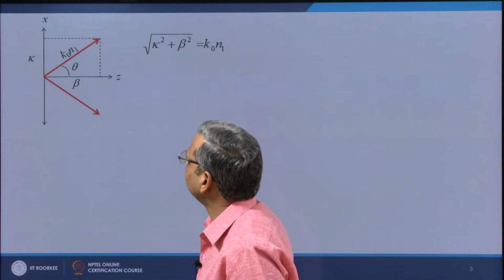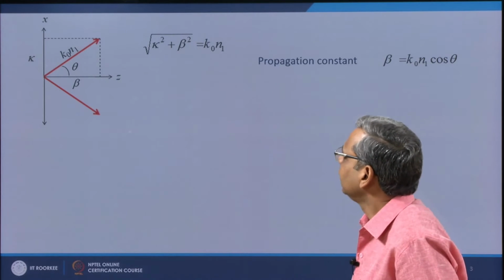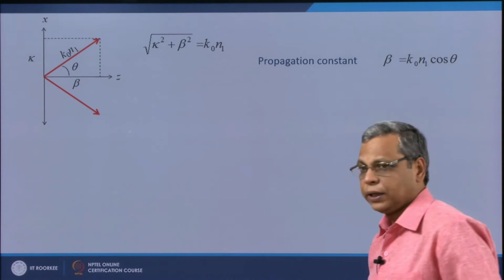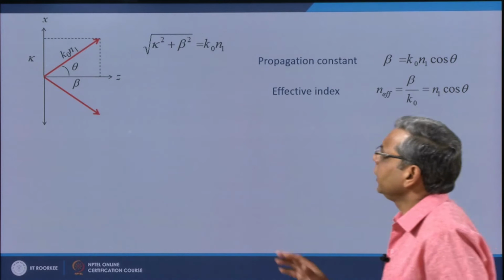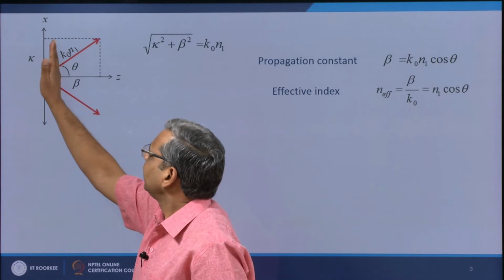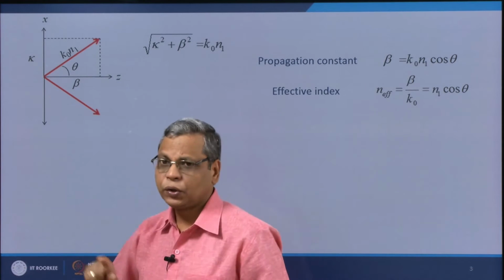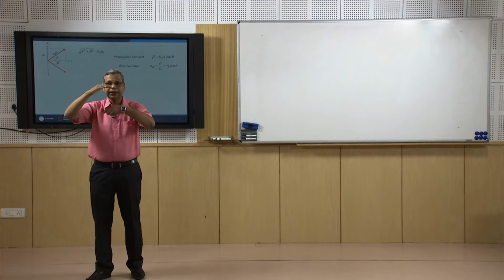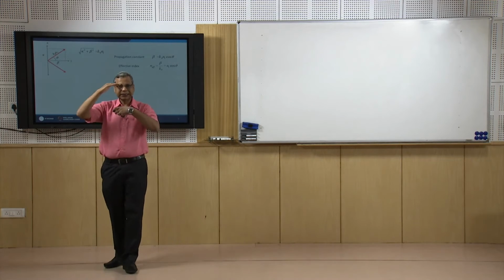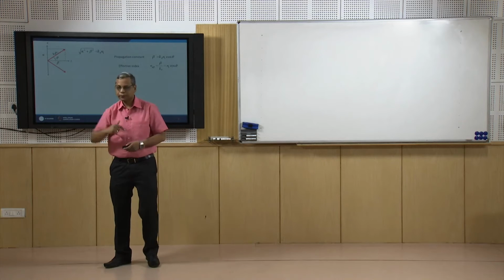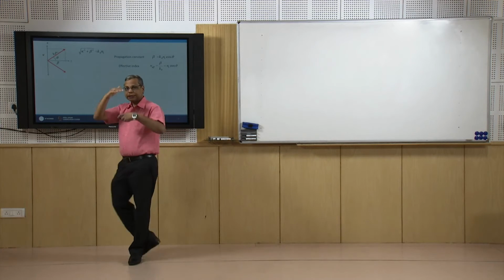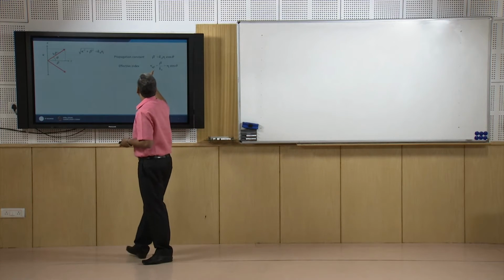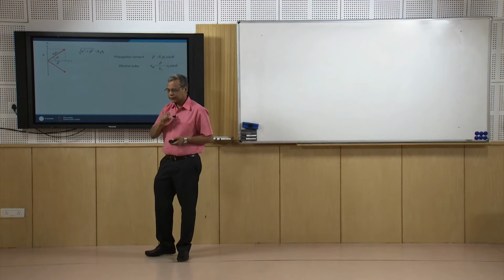So, it is the component of k naught n1 along x, and beta is the component of k naught n1 along z. So, in the x direction I get two counter-propagating waves, and these two counter-propagating waves give me a standing wave in the x direction. So, the energy stands in the x direction; it does not flow out. However, this standing wave pattern flows in the z direction with propagation constant beta.